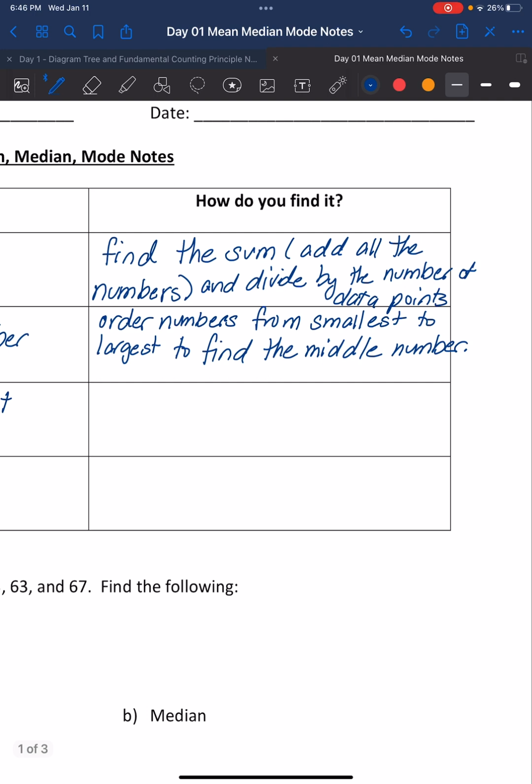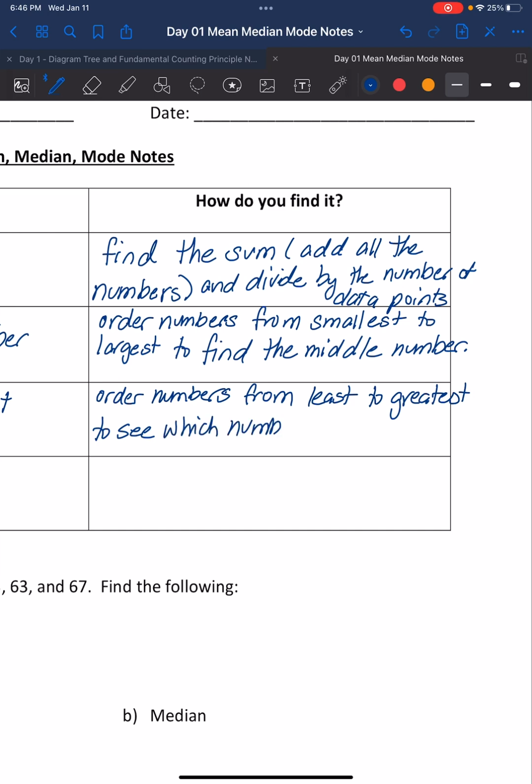Well, again, you need to order your numbers from least to greatest to see which number occurs most often.